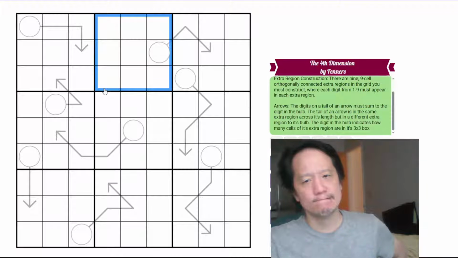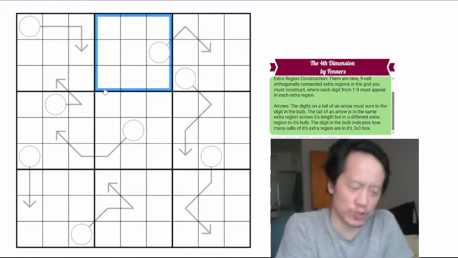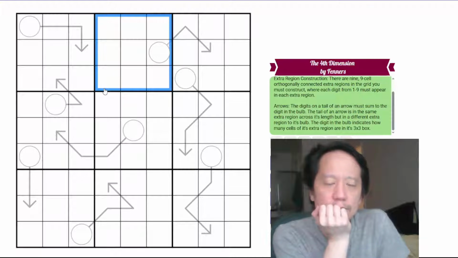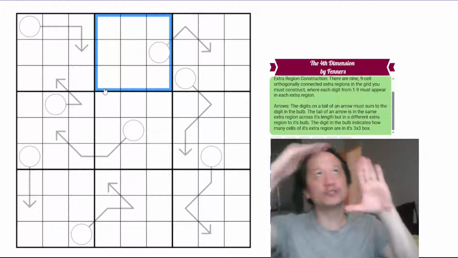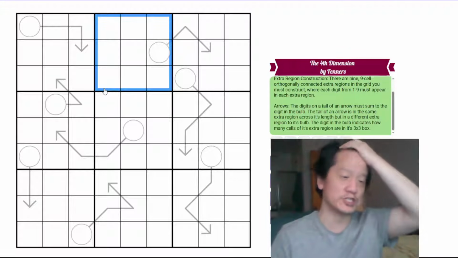Okay. A digit in the bulb indicates how many cells of its extra region are in its 3x3 box. So this is kind of chaos construction rules, actually. Okay, so this is chaos construction rules applied on top of a normal Sudoku rule, which is actually very interesting.